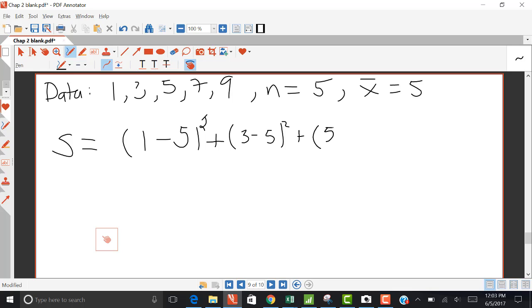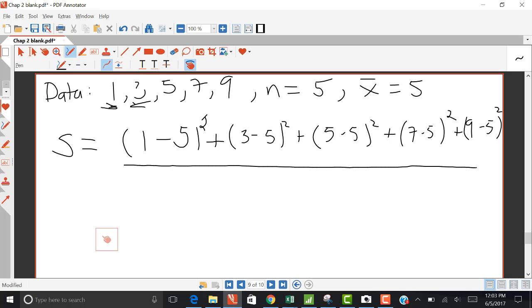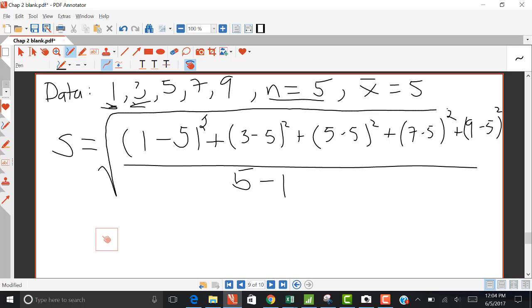The next one is 5 minus 5 squared, 7 minus 5 squared, 9 minus 5 squared. Notice 1 is 4 units from the mean. 3 is 2 units from the mean. We divide by the total number of observations minus 1, and we take the square root of all of that.